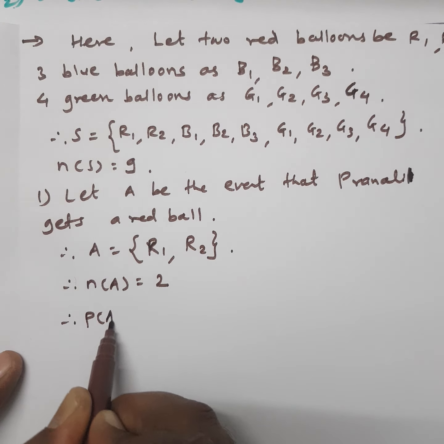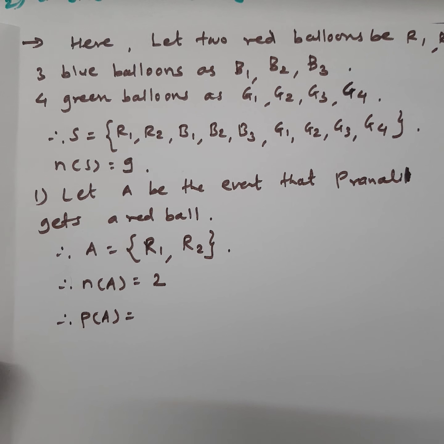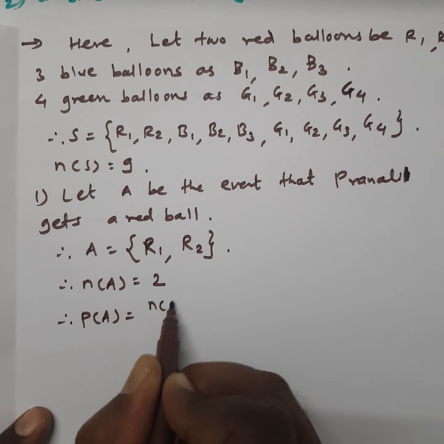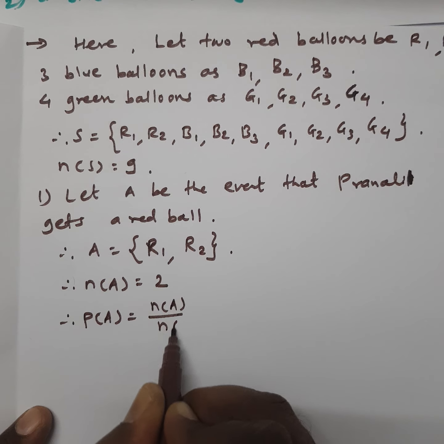Therefore, probability of event A, that is probability that the balloon which Pranali gets is red, is equal to n(A) upon n(S) is equal to 2 upon 9.